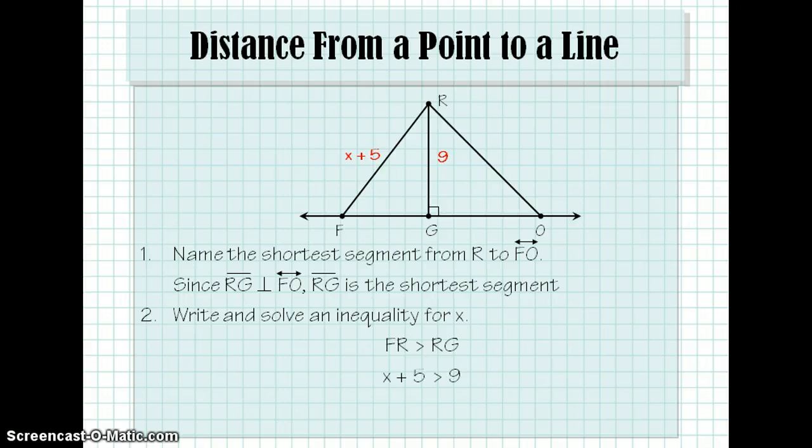When solving inequalities, for the most part you solve them exactly like equations. So I subtract 5 from both sides, and I get x is greater than 4. So as long as x is greater than 4, this segment is longer than the other. So x has to be greater than 4.